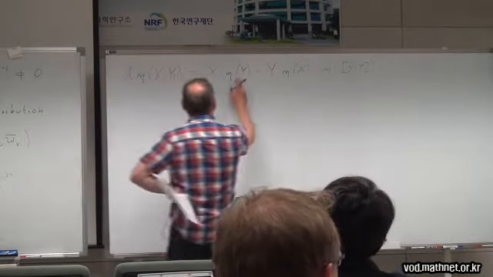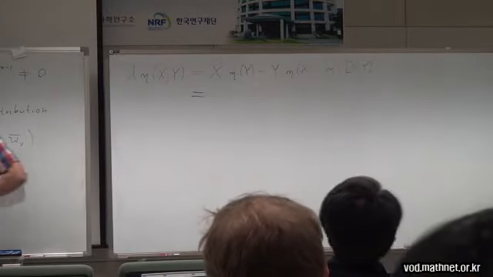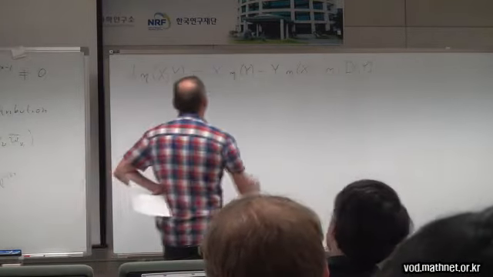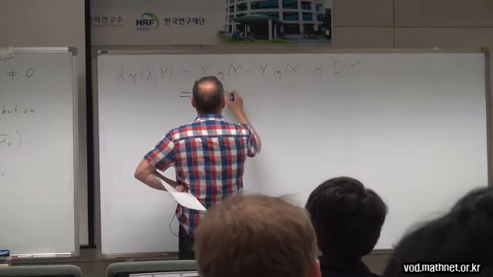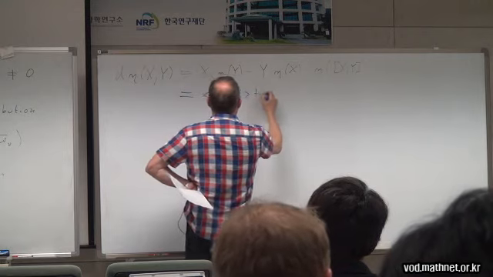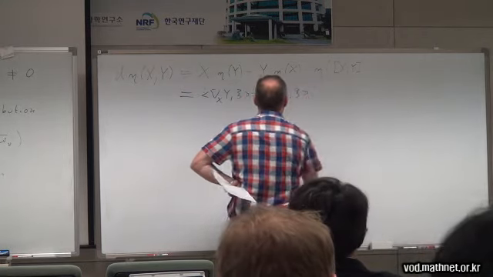So eta of y, this is just the inner product of y with psi. So this will give us nabla x y and psi plus y, and then here we have nabla x psi.